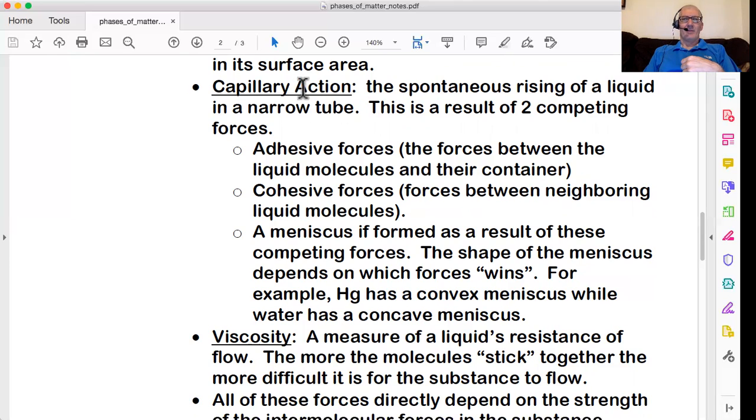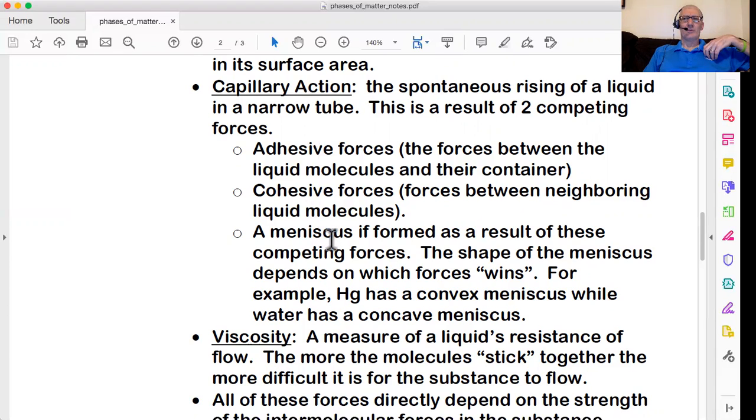And in capillary action, the adhesive forces, the attraction between the water molecules and the walls of the glass tube, are stronger than the cohesive forces, which are the forces between the water molecules themselves. And what you'll see in capillary action is that water will actually just rise, seemingly as if by magic, right up the walls of the tube because of that adhesion being stronger than cohesion.